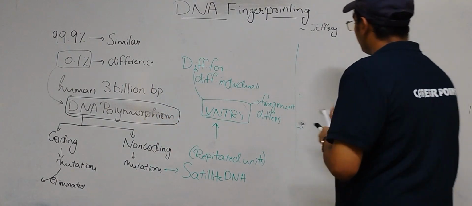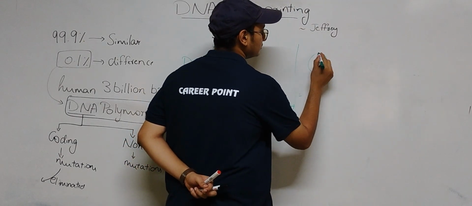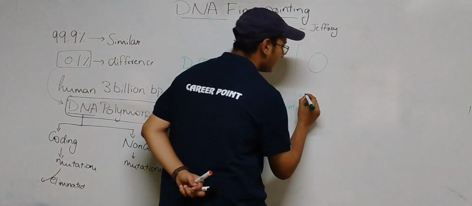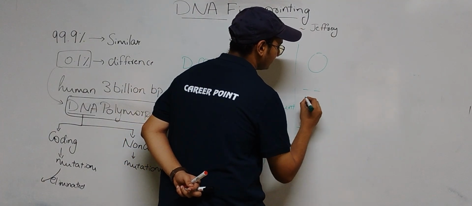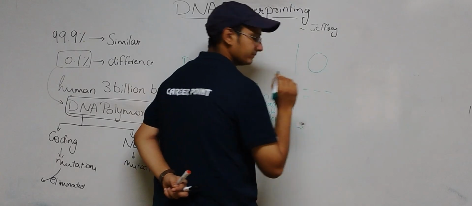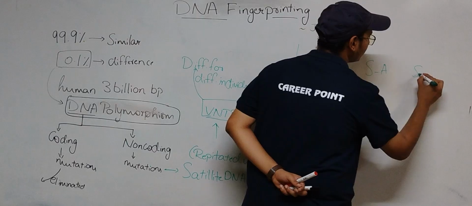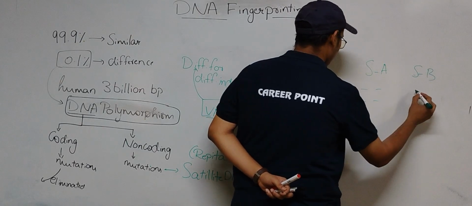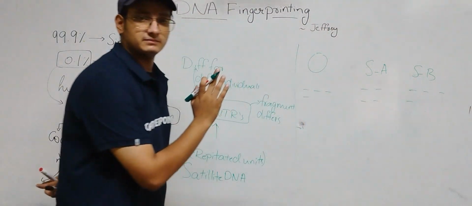So now we have a blood draw in a crime scene. We will find the DNA fingerprinting of it, and we will get some bands. And there is a suspect A and suspect B. Now A has bands like this, and B has similar bands to the droplet.